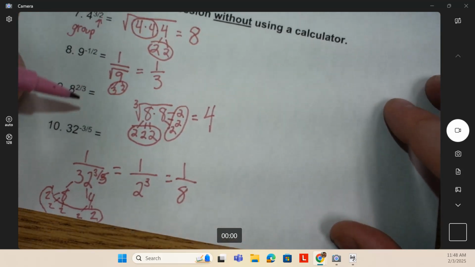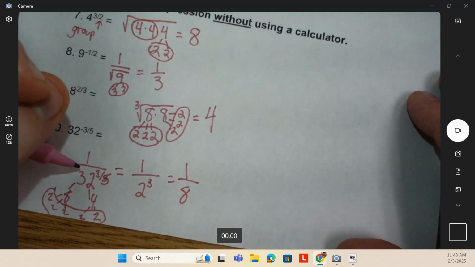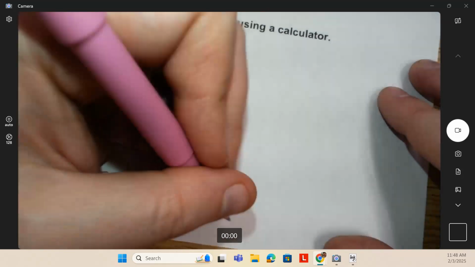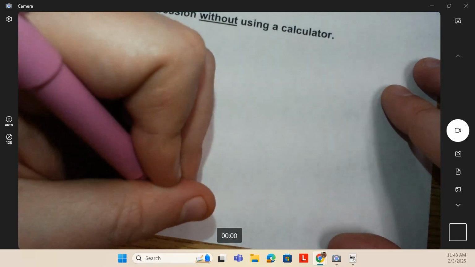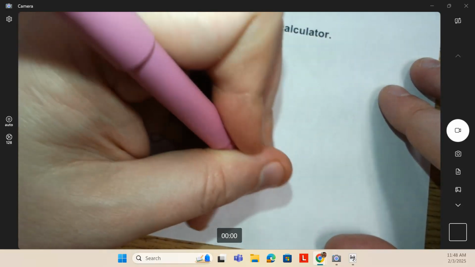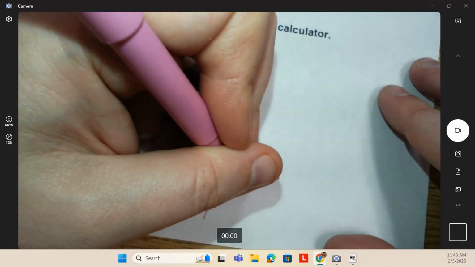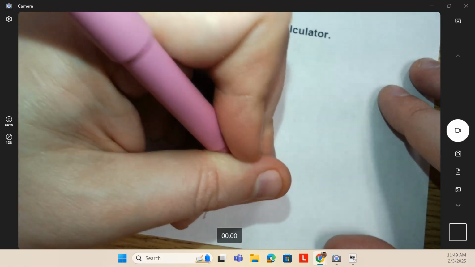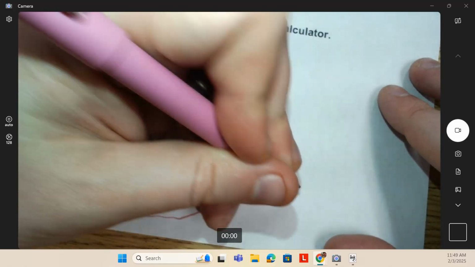Other way to think about that would be if I cube it first, or I repeat 32 3 times. So this is an alternate way of thinking about it. I have 1 over the 5th root of 32 times 32 times 32.